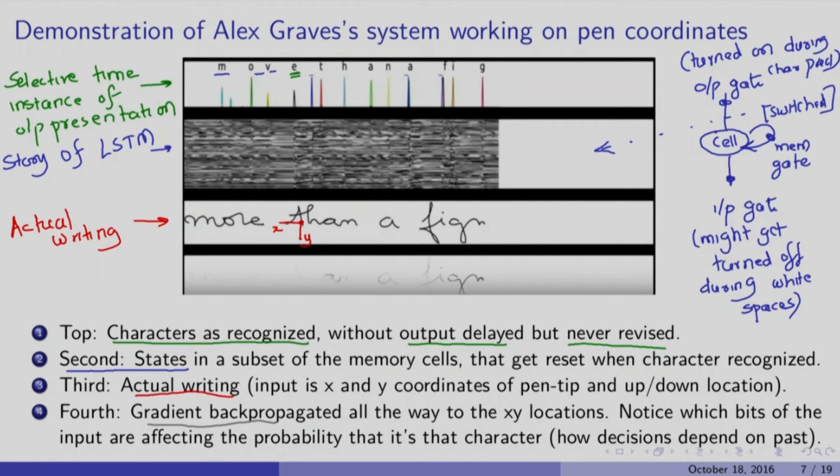So these have implications with respect to U, but may not be M and O and R and so on. So what you see in the fourth layer is the bits of the input, the extent to which they are affecting the probability that it's a character. So the effect actually has diminishing effect on the past. The direction of back propagation, needless to say, with respect to time.